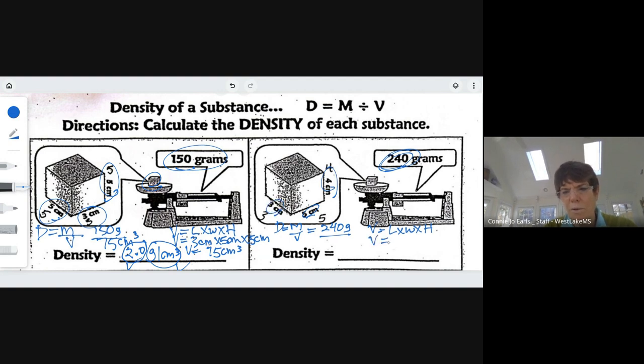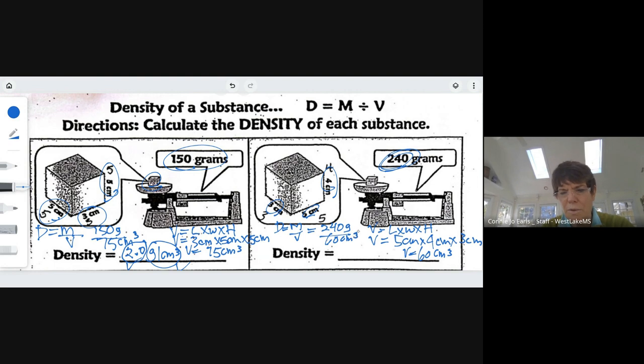So volume is 5 centimeters times 4 centimeters times 3 centimeters. Well, we know that 5 times 4 is 20, and 20 times 3 is 60. So the volume is 60 cubic centimeters, because centimeter times centimeter times centimeter gives me a cubic centimeter.